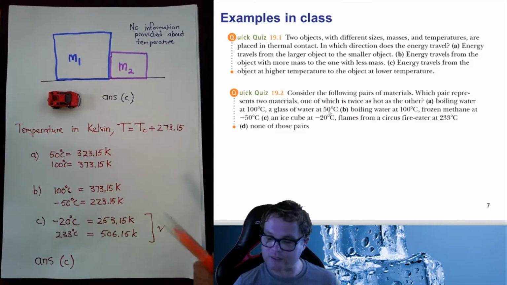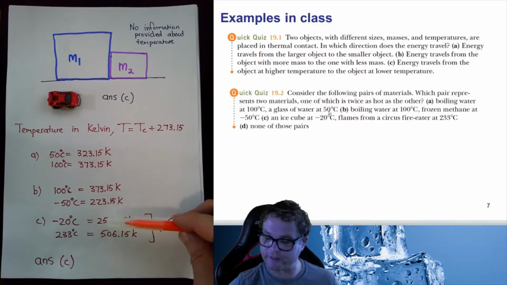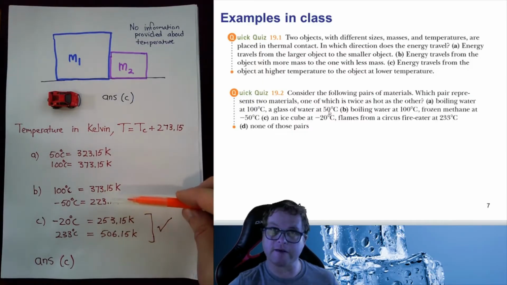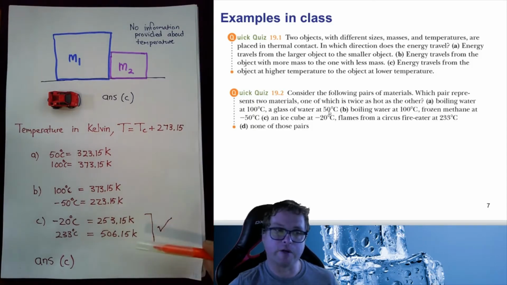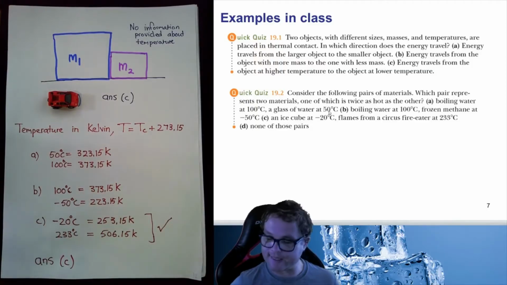The second case, we convert the temperature minus 50 degrees Celsius to Kelvin, and we convert 100 degrees Celsius to Kelvin, and we do similar for case C. And when we come to case C, we actually notice that the results differ by a factor of 2.